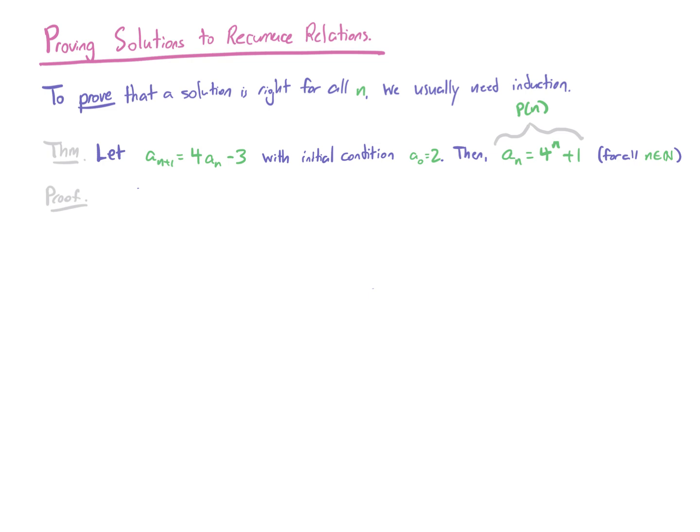Okay, so our proof is going to be by induction. So for the base case, what do we need to show about this formula in the base case? We just need to show that this formula gives us the right initial condition.